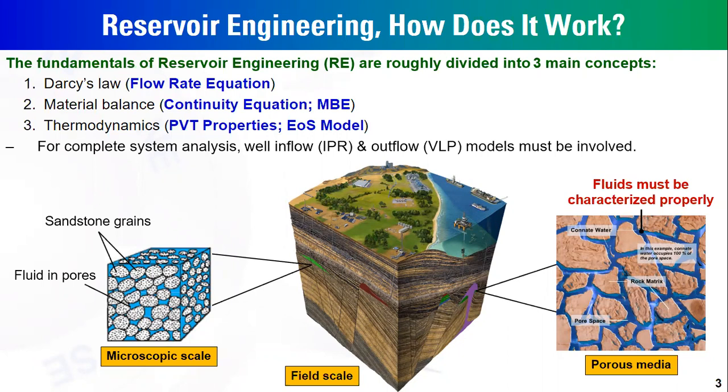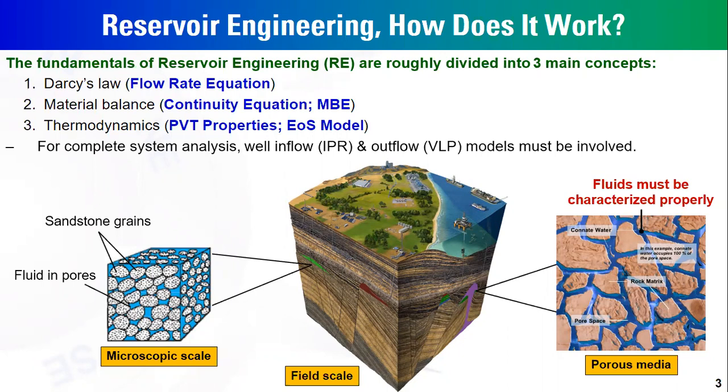The last principle: reservoir fluid properties like oil density, oil viscosity, oil formation volume factor, and so on, are typically functions of pressure. So as the pressure declines from the average reservoir pressure to bottom hole pressure, and then to wellhead pressure, we have to have a specific PVT model or equation of state model to characterize fluid movement during the production process.